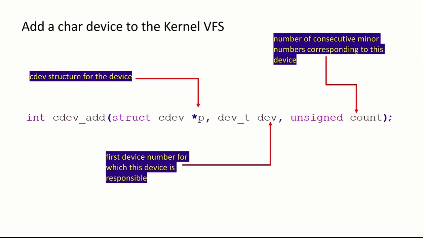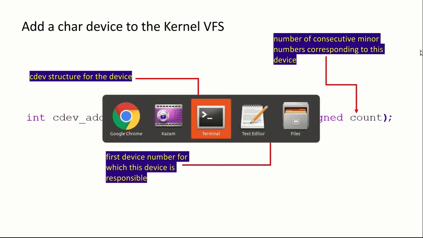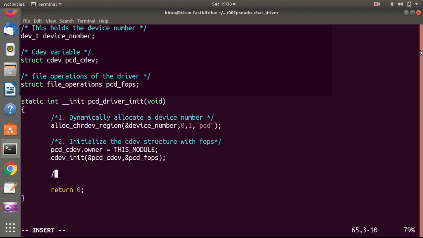And after that, we'll see more examples of how to use this kernel API when we have more than one minor number. Let's add this function call in our driver. Third step is register the cdev structure with VFS. Basically, we call it registering a device.